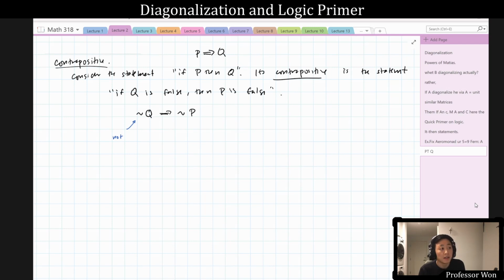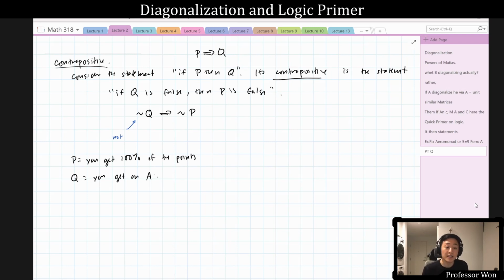Okay, so let's make the statement, if you get 100% of the points in the class, then you get an A. So let's let P be, you get 100% of the points, and Q be the statement, you get an A. Well, then if you do not get an A, it must mean that you did not get 100% of the points.